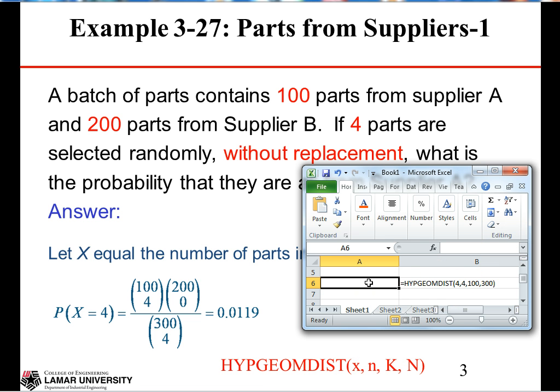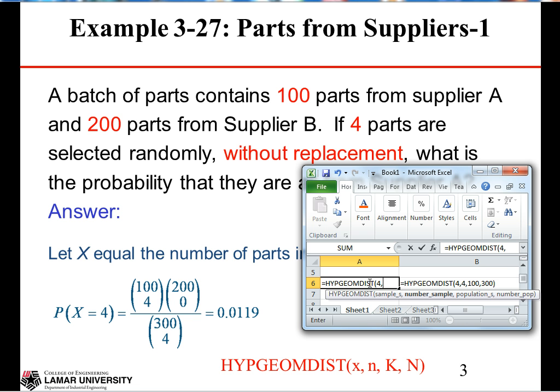So let's show it to you. It's x equal to HYPGEOMDIST. You can see the first parameter is the number of successes in the sample, 4.